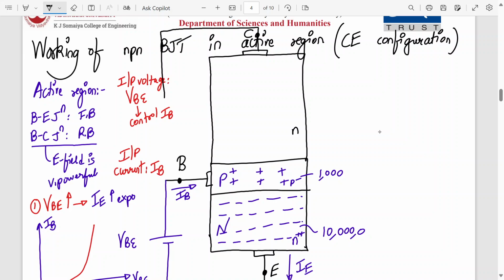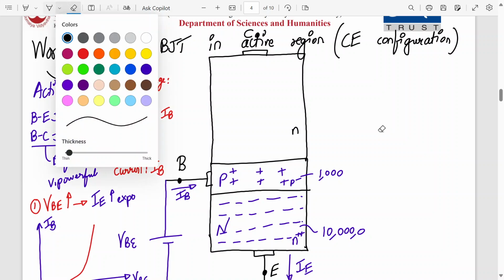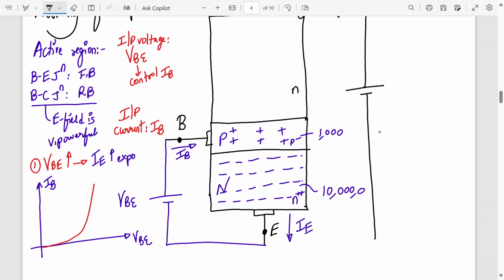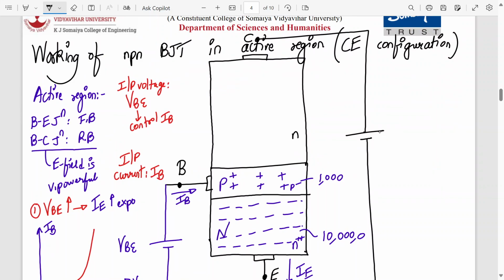So reverse bias, how do you show it? Let me show it on the other side. Okay, so this makes the base-collector junction reverse biased. VCE, I'll correct it, VCE.